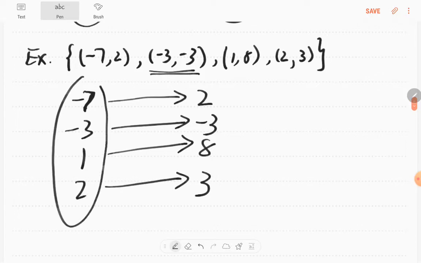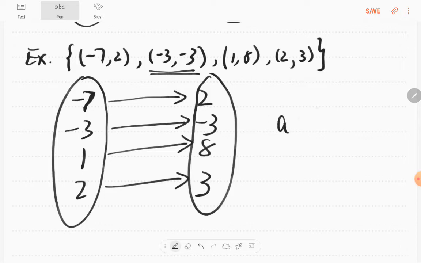So this is the left side and this is the right side. This is a function, because one element on the left side corresponds to only one element on the right side.